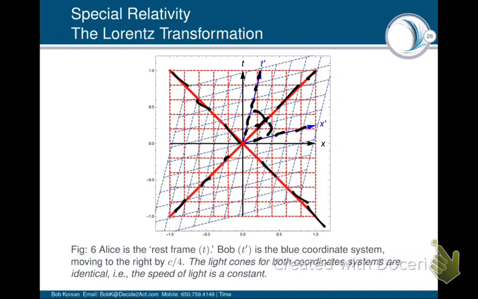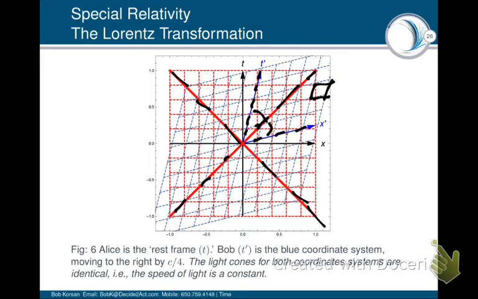So you can see that Bob's coordinate system is not Euclidean. It's got little parallelograms as you measure the things that are going on.